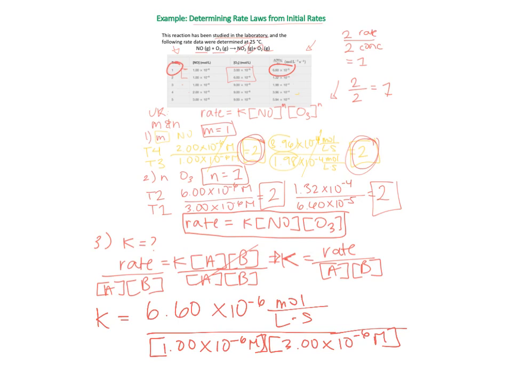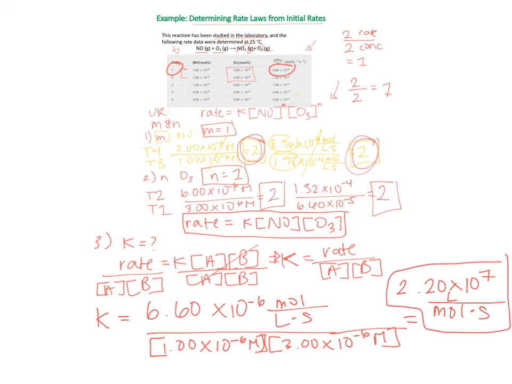And overall, what you end up getting is 2.2 times 10 to the 7th, and then the units are a little flipped, so liters over mole times second.